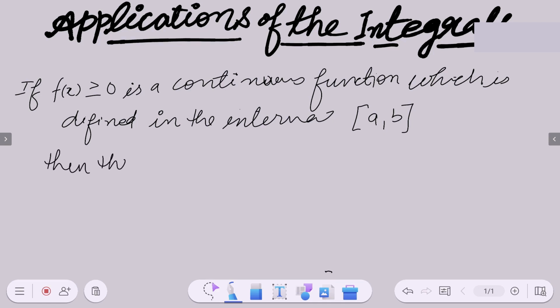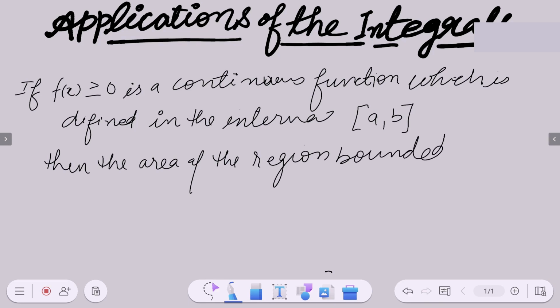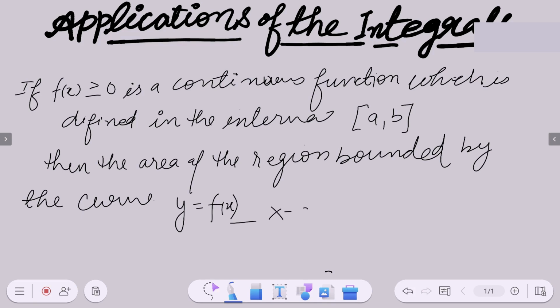the area of the region bounded by the curve y is equal to f(x), the x-axis, where the value of x is a and the value of x is b, is given by this.